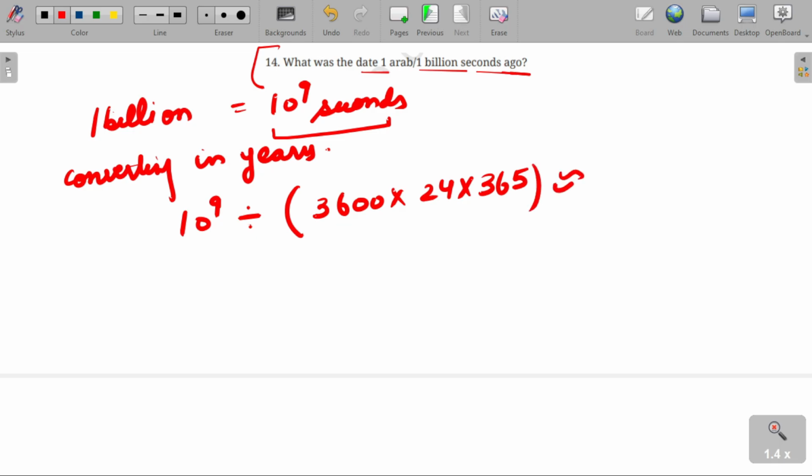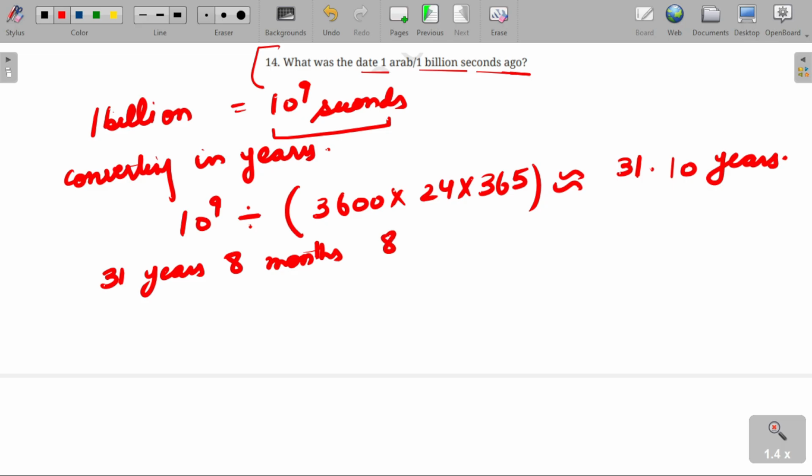And it will be approximately 31.10 years, approximate value, right? Which means 31 years, 8 months, 8 days. This is again an approximate value. Okay. 31.110 years means 31 years, 8 months and 8 days.